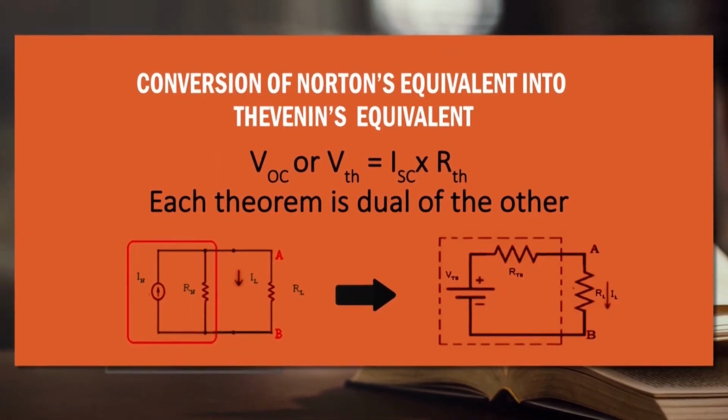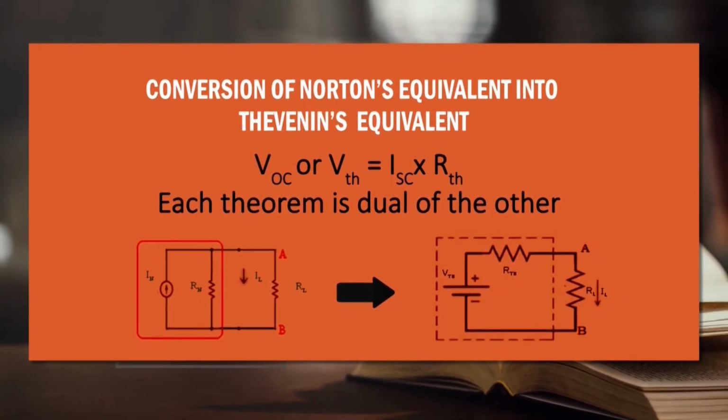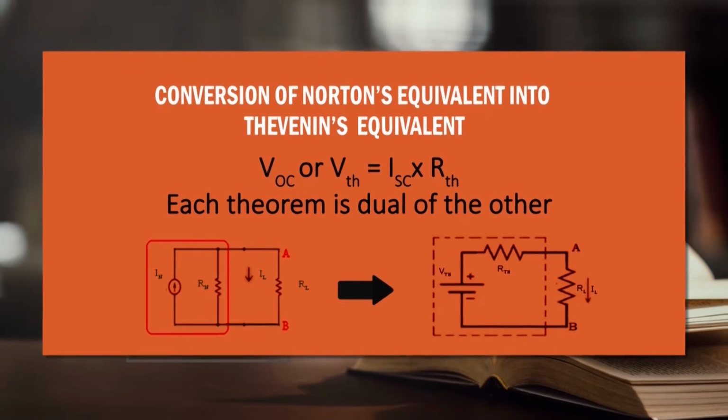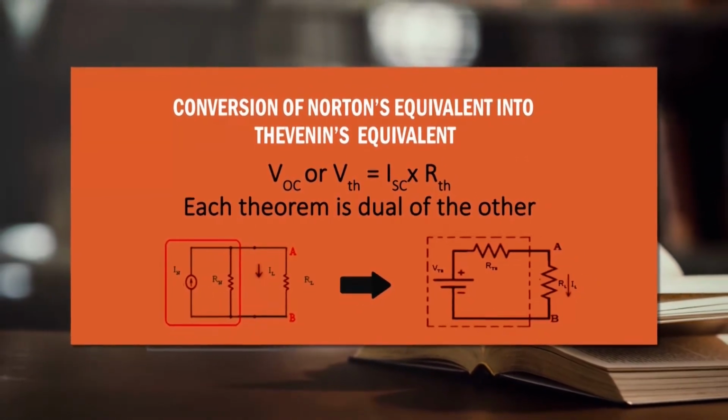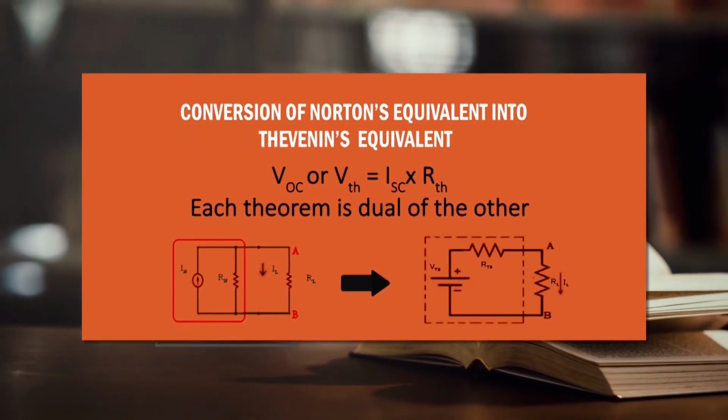The value that you will get is called VTH, and RN is connected in series with the Thevenin voltage, which is called RTH, and the load resistance is connected between terminals A and B. So this is how you can convert Thevenin equivalent into Norton equivalent or Norton equivalent into Thevenin equivalent.